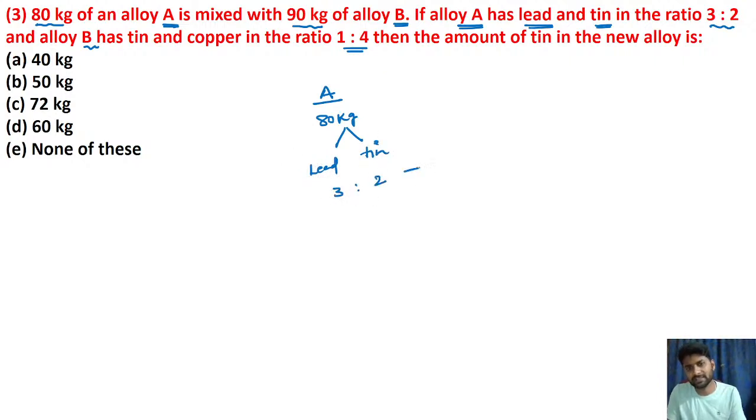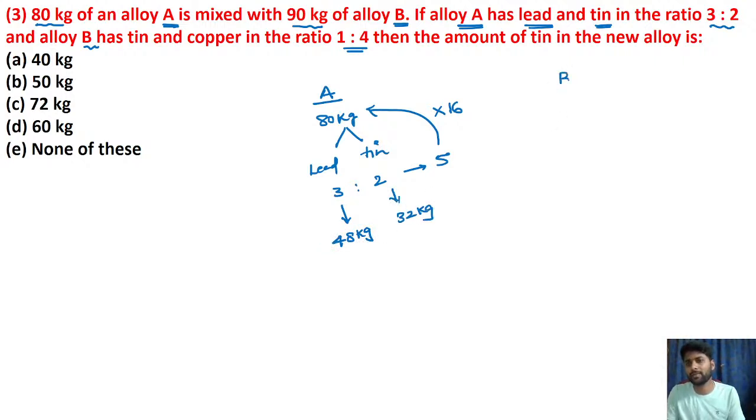In 5 kg, lead is 3 units and tin is 2 units. Since alloy A is 80 kg, each unit is multiplied by 16. So out of 80 kg, 48 kg is lead and 32 kg is tin.